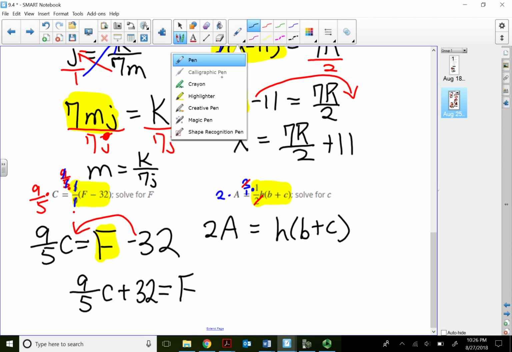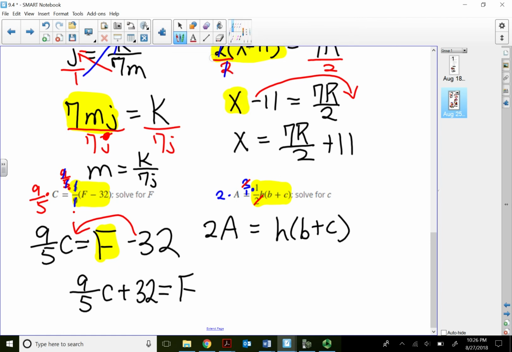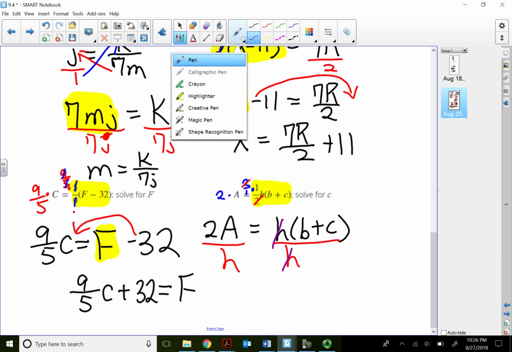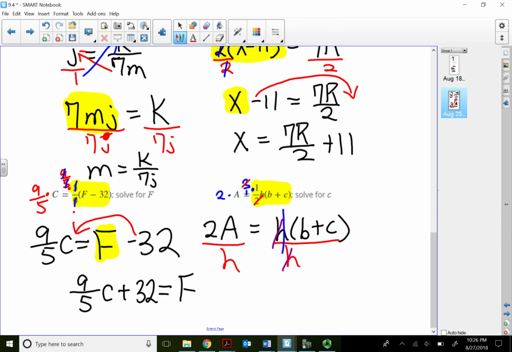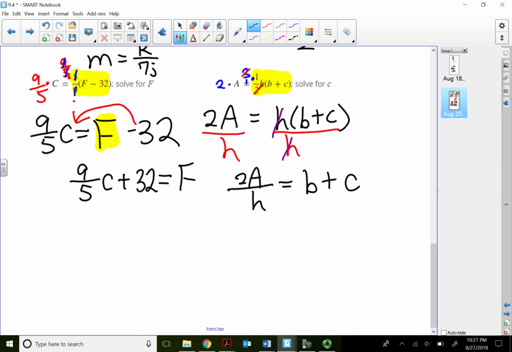Or again, I can divide both terms by h, because h over h cancels out, leaving me with a big old 1 right in front of it, where I can do a distribution to bring my b and positive c to the outside of the parenthesis. So now the left side would just be 2a over h.